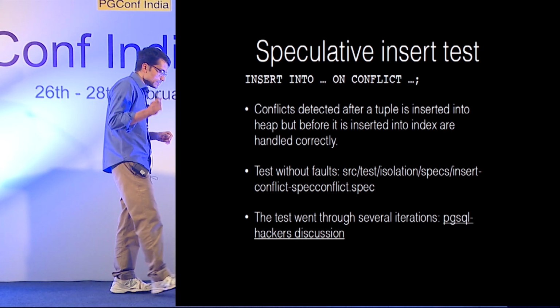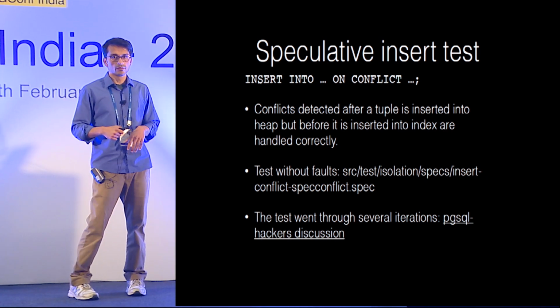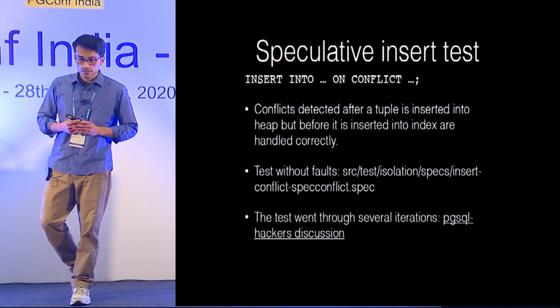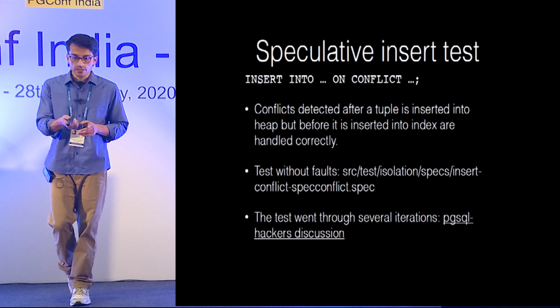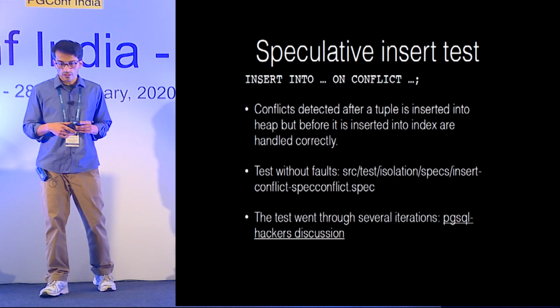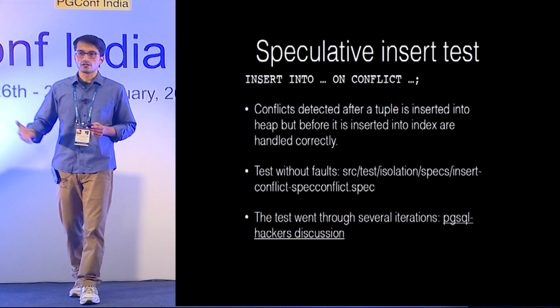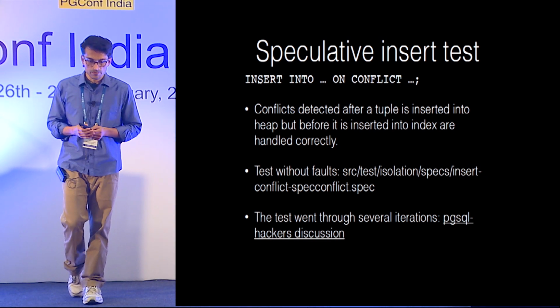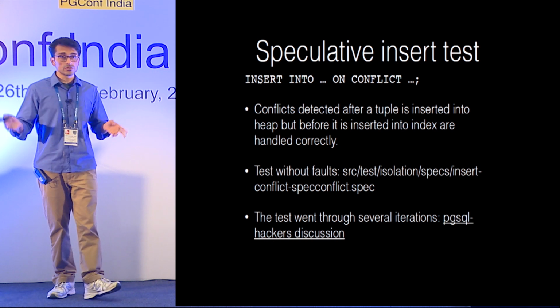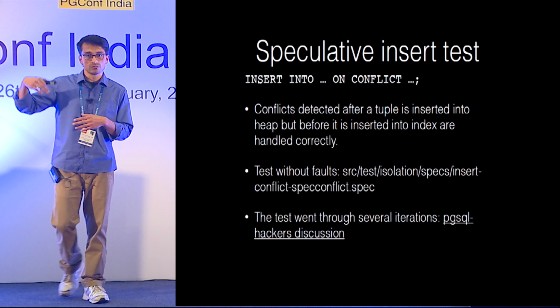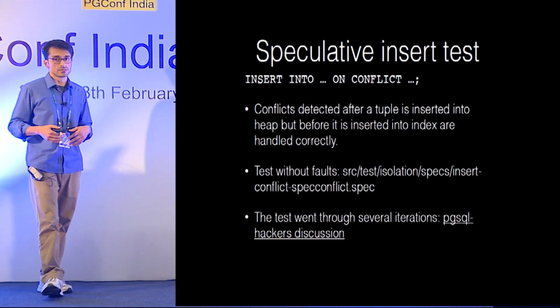There is a test for it already committed in master, and you can check it out, but to be honest my head hurts looking at it because it's so complex. It uses advisory locks and goes on and on, and if you look at the discussion on the mailing list, the test was developed through several iterations.